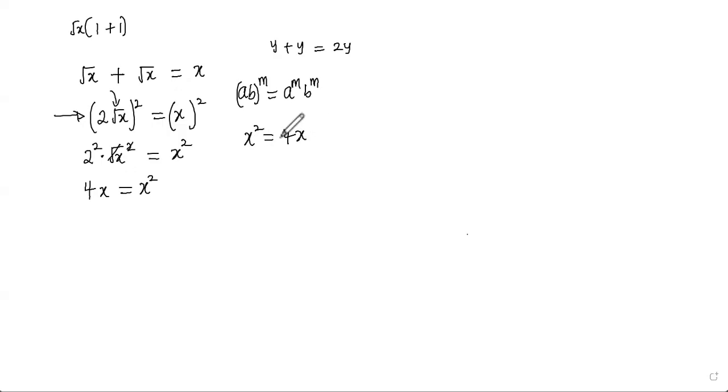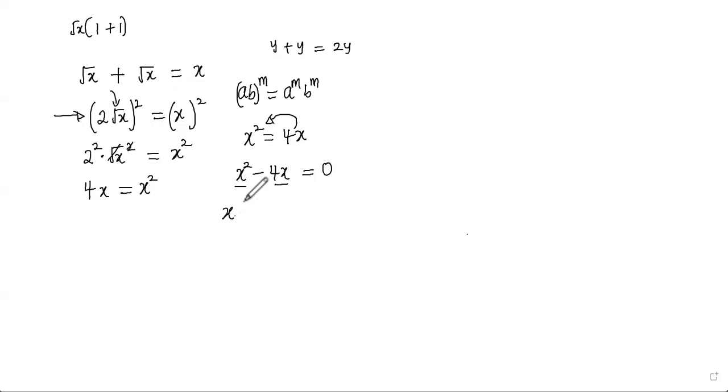Now, the next thing you want to do is to take this guy to the left-hand side. So that becomes x squared minus 4x equal to 0. And now we have a quadratic equation. Of course, you want to factorize x because you can see x is common here, x is common here.